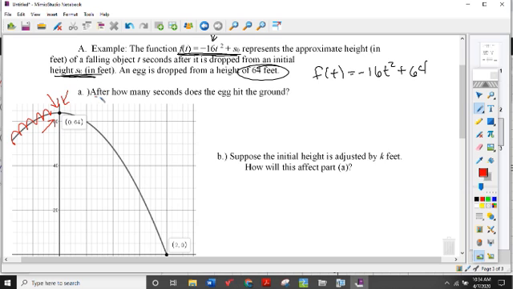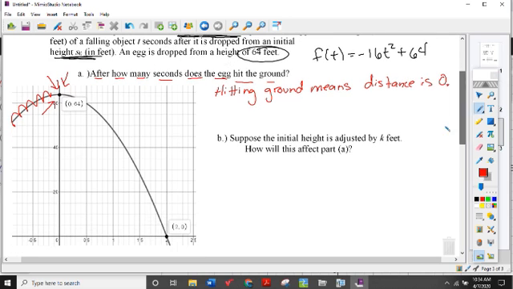And the question is, after how many seconds does the egg hit the ground? Well, when it hits the ground, what is the distance? Hitting the ground means the distance is 0. In other words, we want to know what is the 0 of the function.